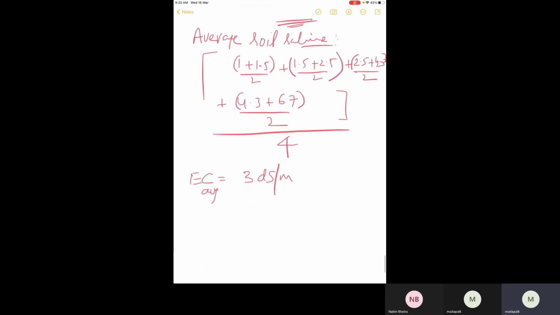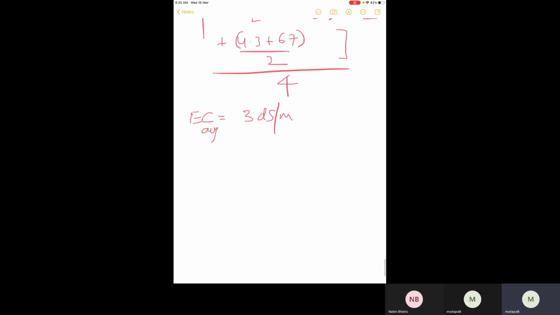So that we are going to see: the irrigation depth and leachate fraction have some relationship. It's called leachate fraction and irrigation depth.